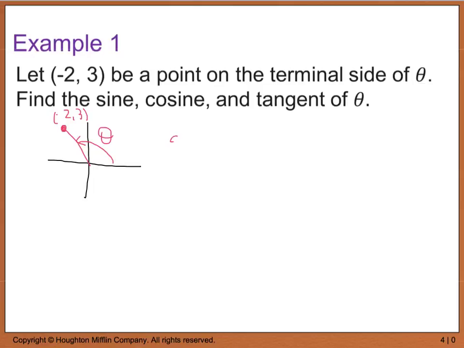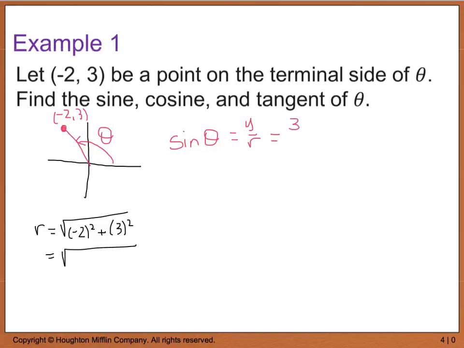So now if I want to find sine theta, I know that that was really y divided by r. I know my y value is 3, but I am going to have to go back and solve for my r value. And r is given by the square root of x squared, which is negative 2 squared, plus y squared, or 3 squared.